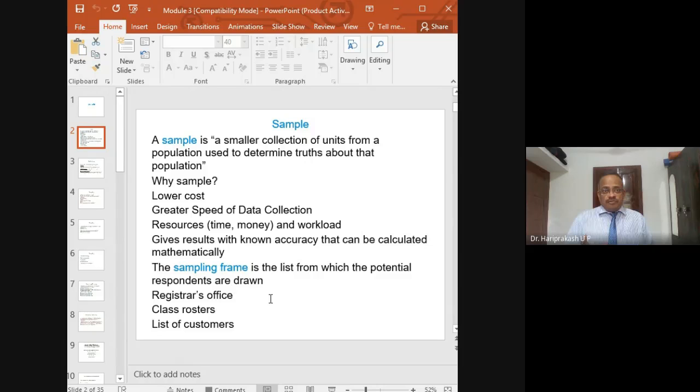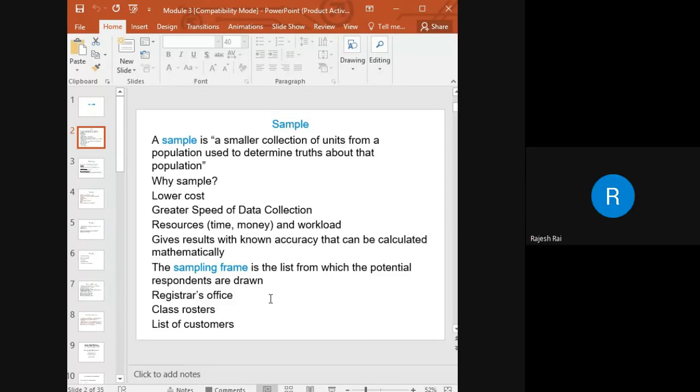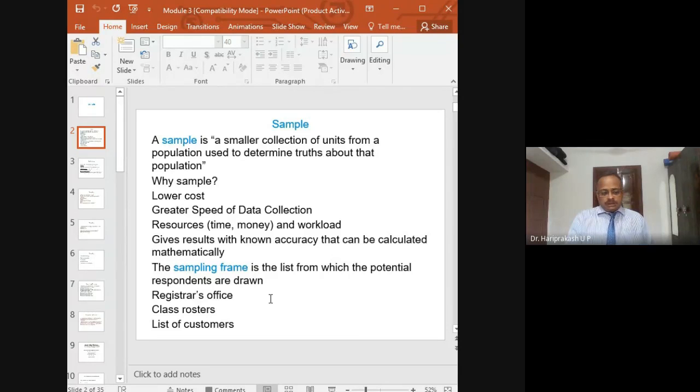So if you are doing a study on, say, Maruti customers, then all the customers of the Maruti cars are called the population for our study.